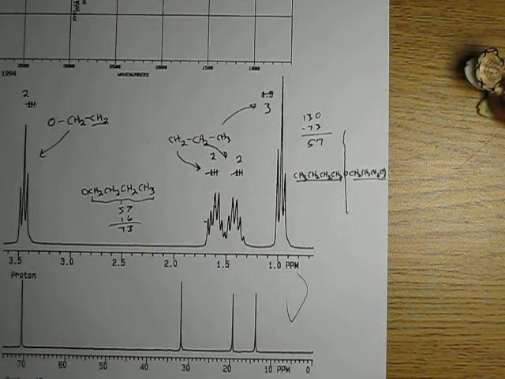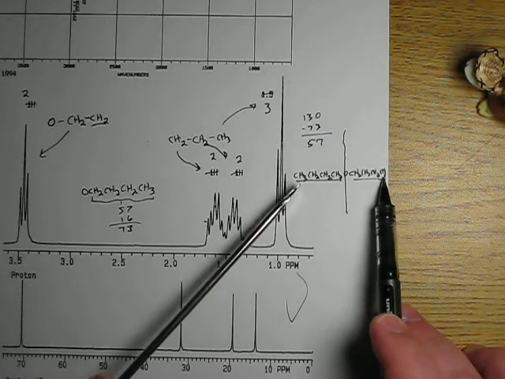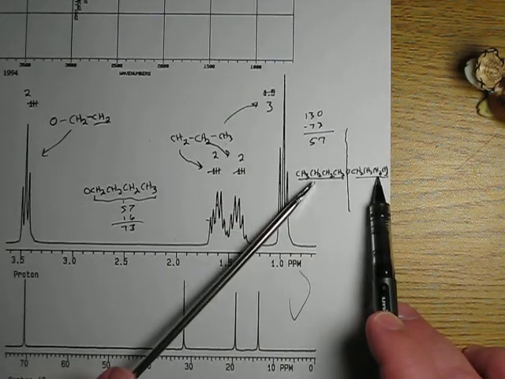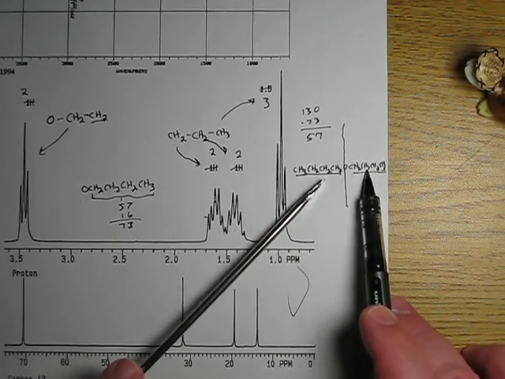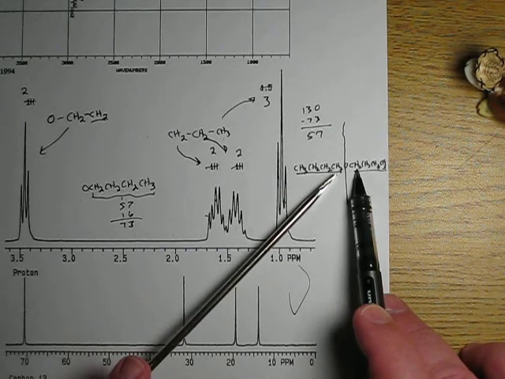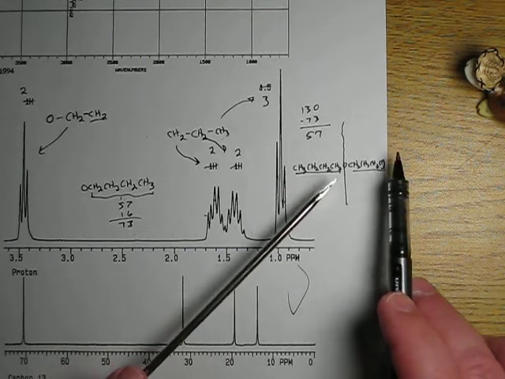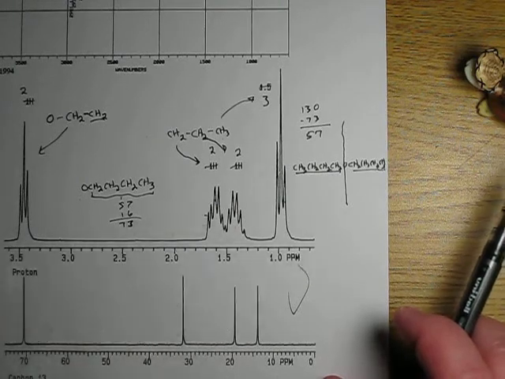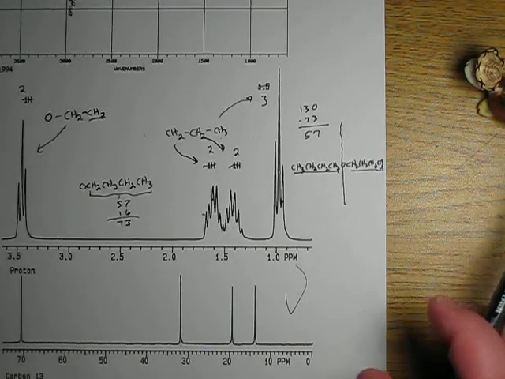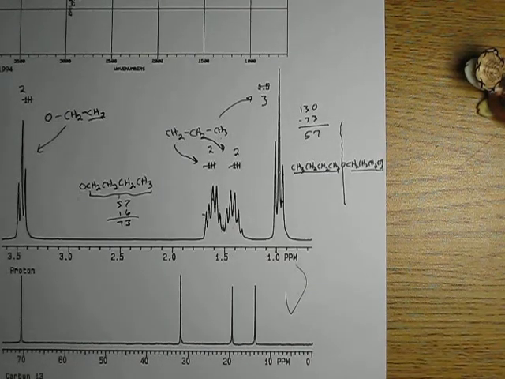Therefore, these two CH3s come at the same chemical shift. These CH2s are identical, these CH2s are identical, these two CH2s are identical. So the whole molecule is symmetrical, so the NMR only shows you half the molecule because the other half's identical. That gets tricky. So just something to watch out for with that.